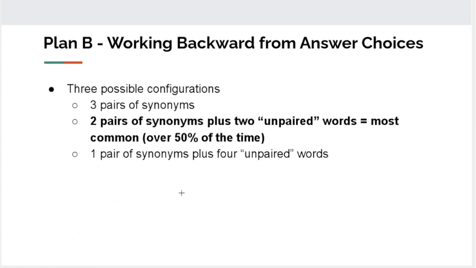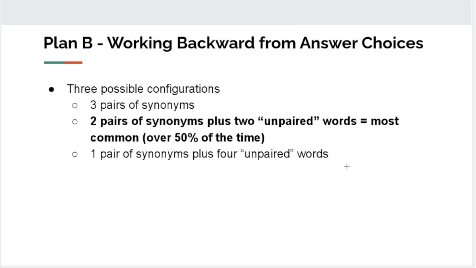Now, of those, the most common configuration is two pairs of synonyms plus two unpaired words. We don't have exact statistics on this, but over half the time, this is what you'll encounter. So that means that the three pairs of synonyms and the one pair of synonyms are less common.